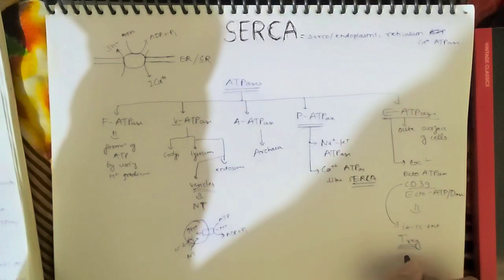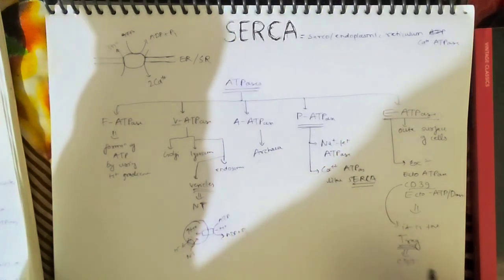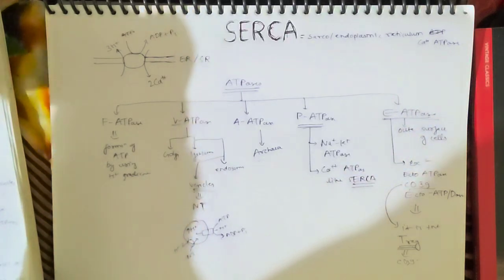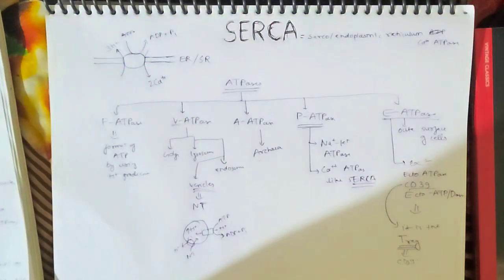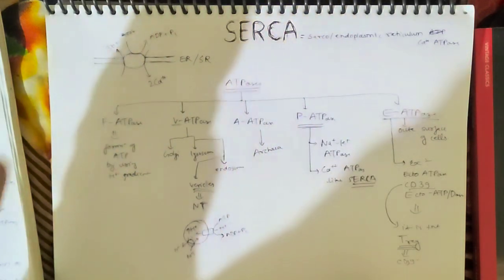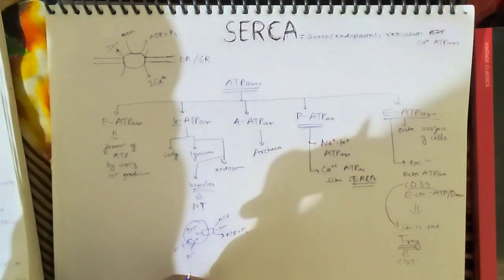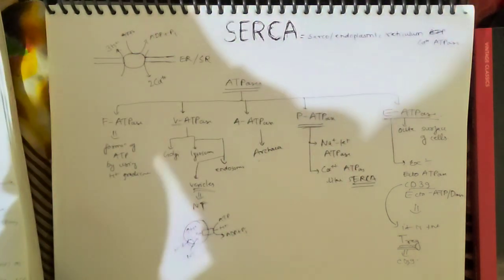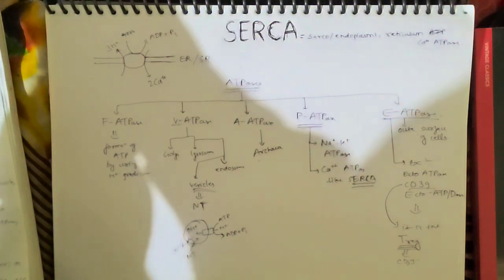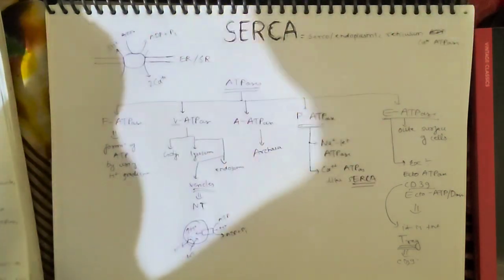This cell has CD39, which can degrade both ATP and ADP to AMP, and then this AMP is degraded to adenosine by another protein. This degradation ensures that the activated T cells, which are already activated by other inflammatory signs and also ATP previously, don't get activated again and again.